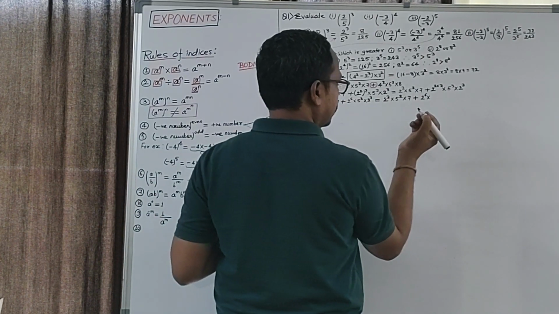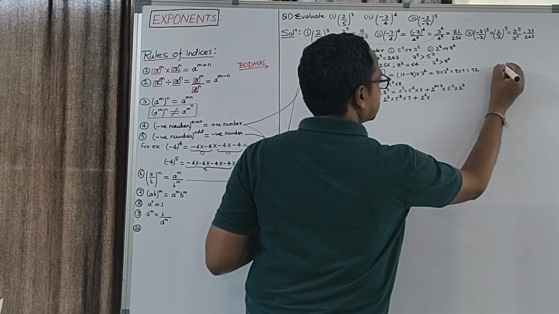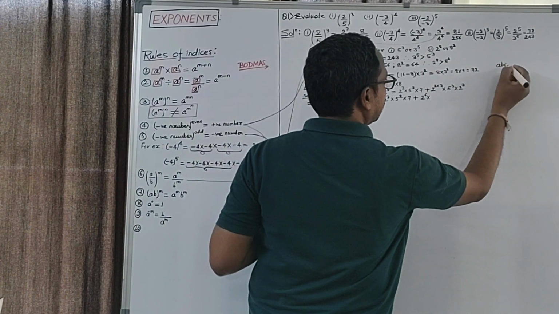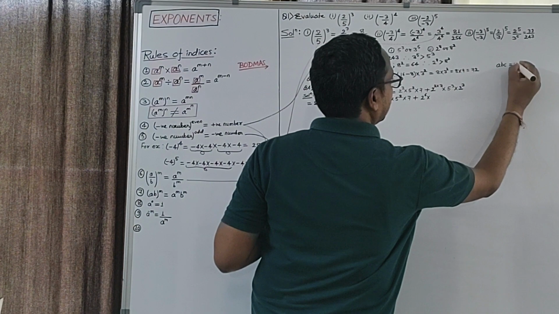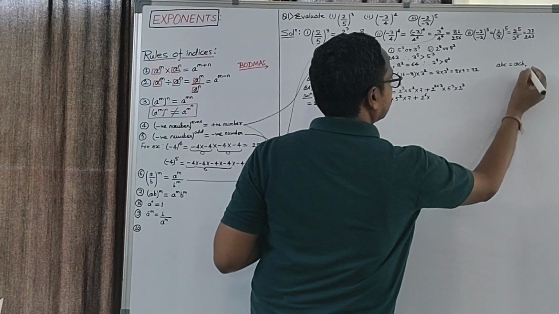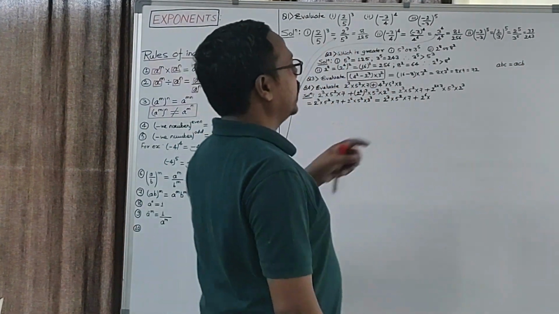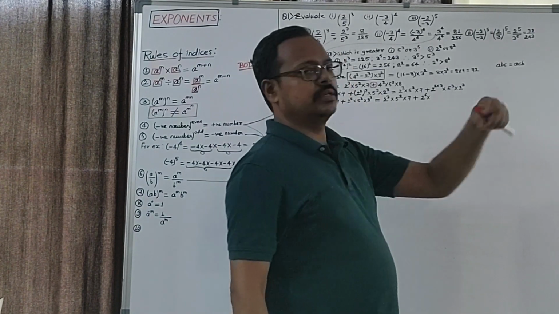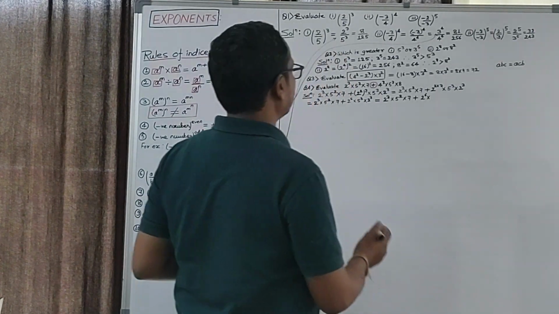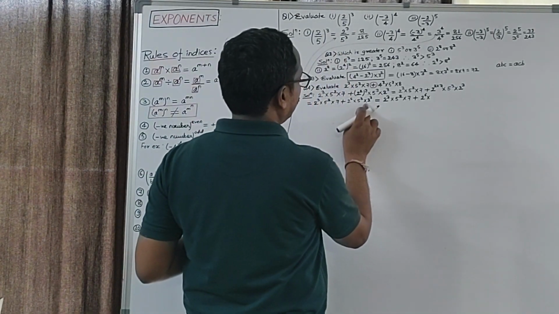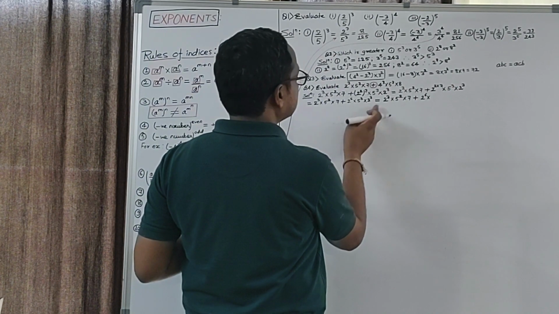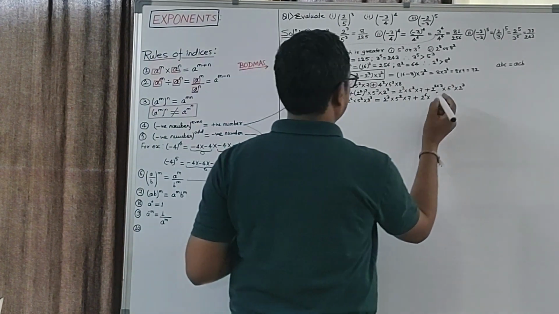We can do that, right? That means what I am trying to say is A into B into C, you can write it as A into C into B, that is possible. You can write, this is acceptable. A, B, C you can rewrite as A, C, B, both are the same thing. A, B, C we are writing as A, C, B, that is possible, right?